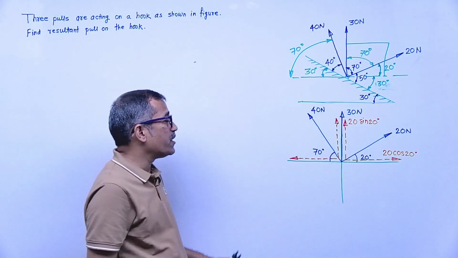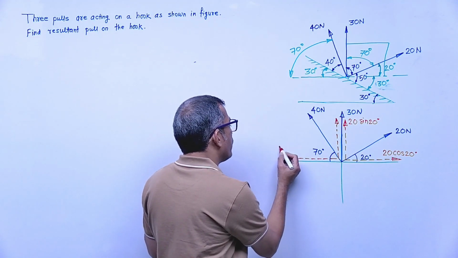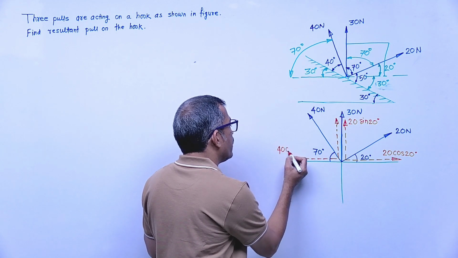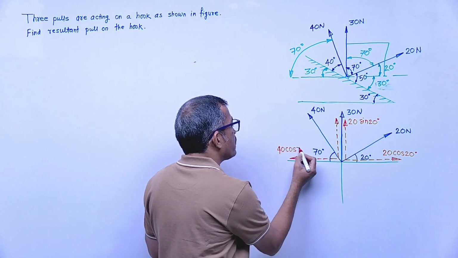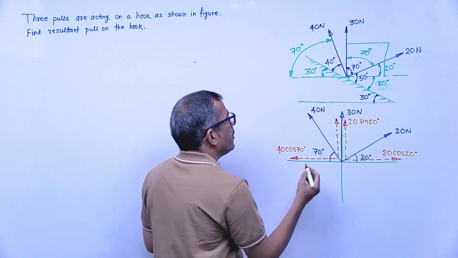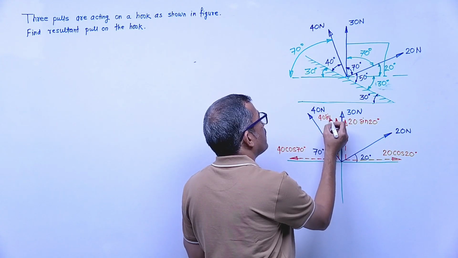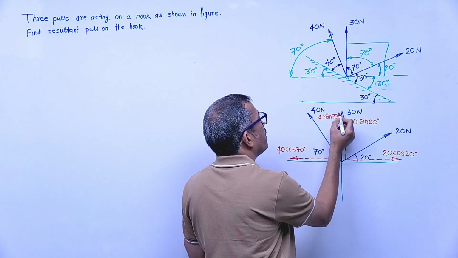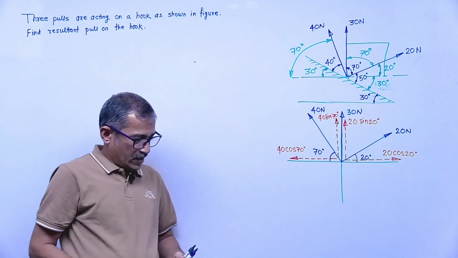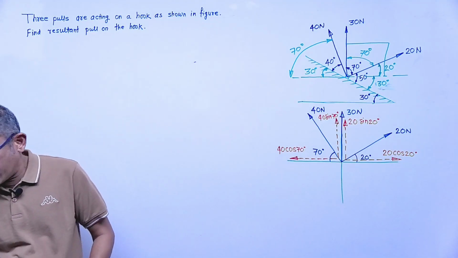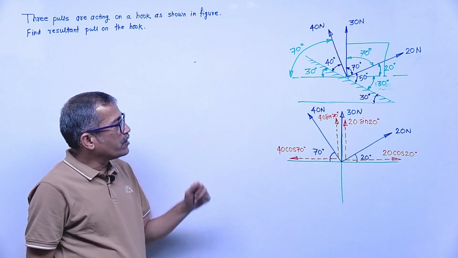Horizontal, 70 degree. Horizontal component, cos component, 40 cos 70 degree. Vertical component 40 sin 70 degrees. Clear? Done? Understood?